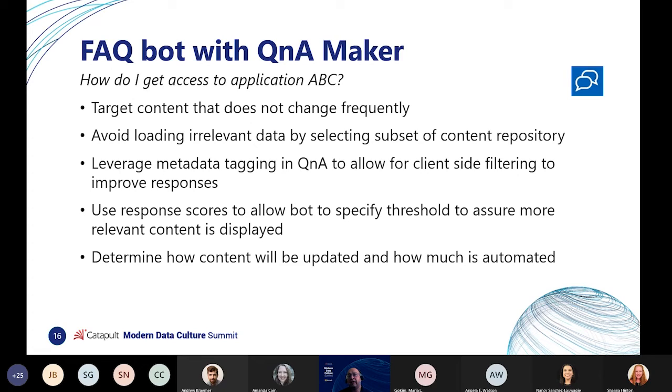In addition, QnA Maker does allow you to have metadata. A good example of this would be, I have a sales organization with lots of sales content and a marketing organization with lots of marketing content. What this allows me to do is some metadata associations within Q&A, saying this is sales content, this is marketing content.